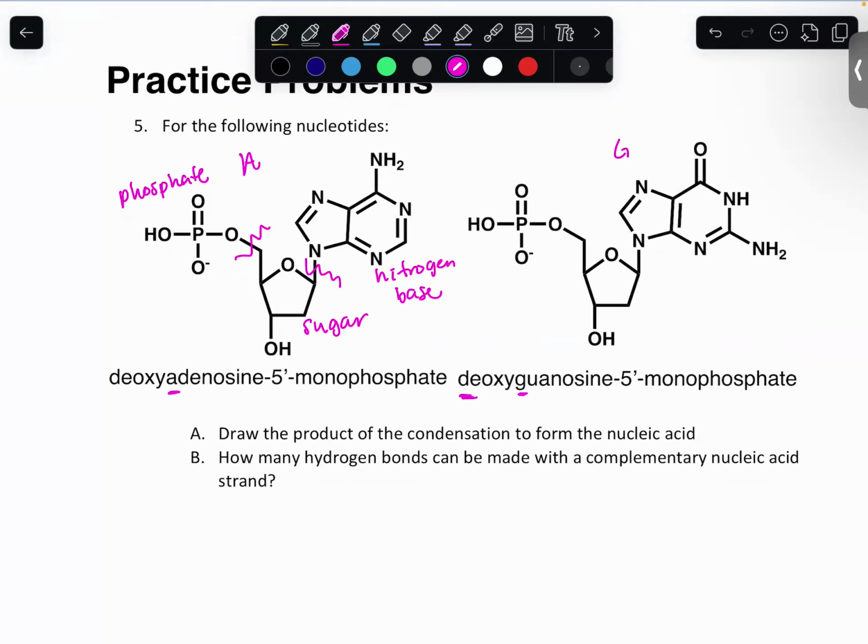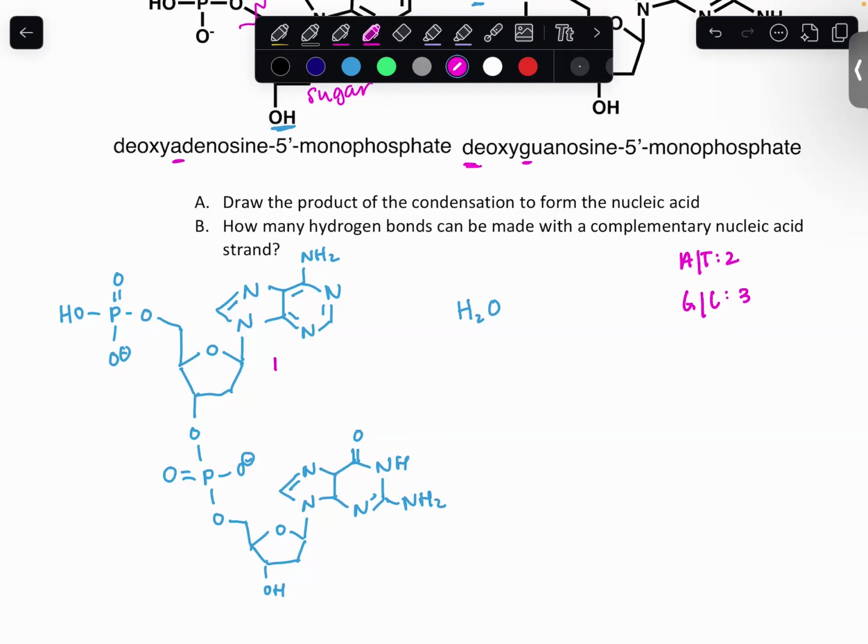How many hydrogen bonds would a complementary nucleic acid strand make? What does an AT pair make? 2. And what about a GC pair? So we said that this is A and this is G. What would our A connect to?